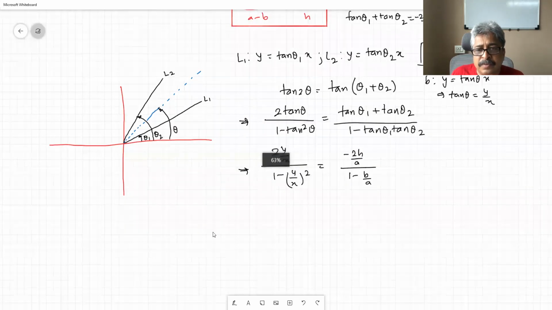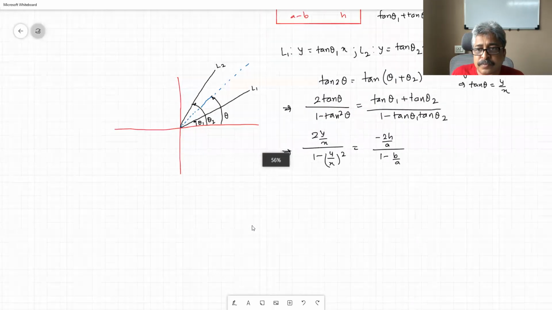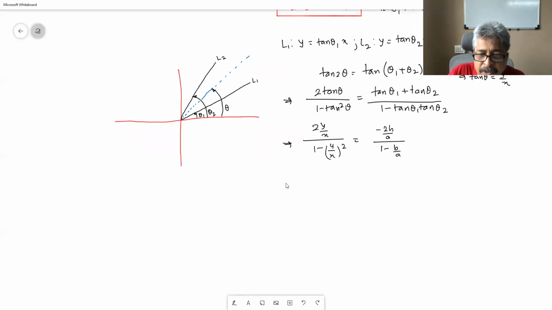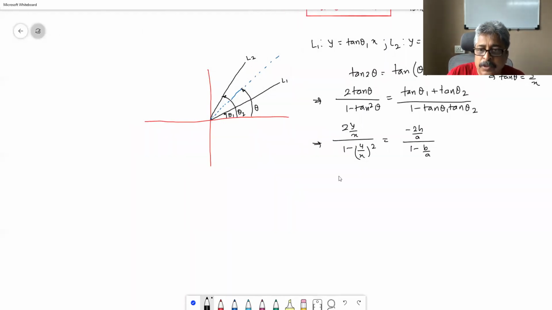Therefore, simplifying, what do we get? 2y upon x, and in the denominator you have x, therefore 2xy upon x square minus y square is equal to minus 2h upon a minus b.